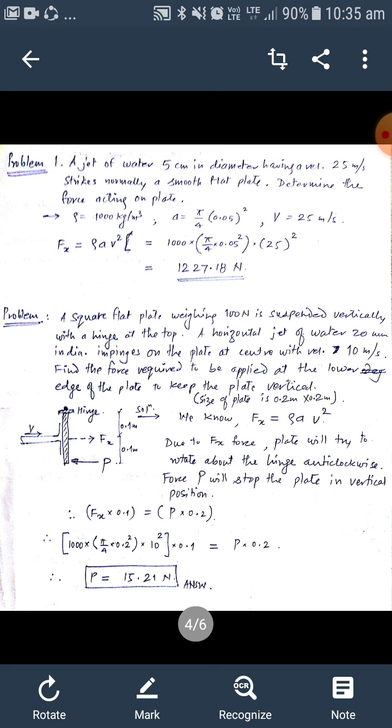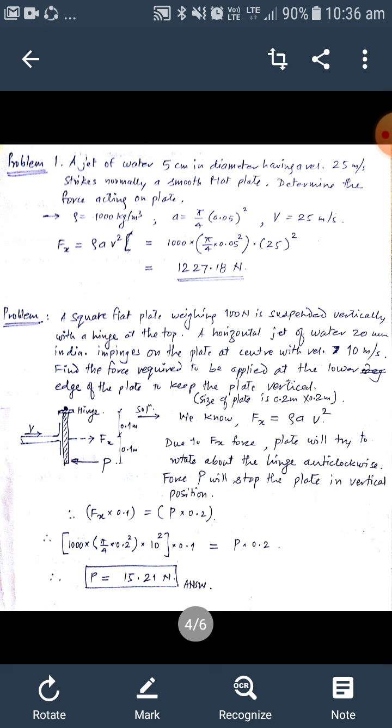When P is applied, the plate should be in vertical position. Therefore, P is acting normal to the plate at the bottom, and we have to now apply a moment equation, that is moment of force Fx with respect to hinge and moment of force P with respect to hinge. Those two moments should be equal. Then and only then equilibrium will be achieved and the plate will remain vertical.